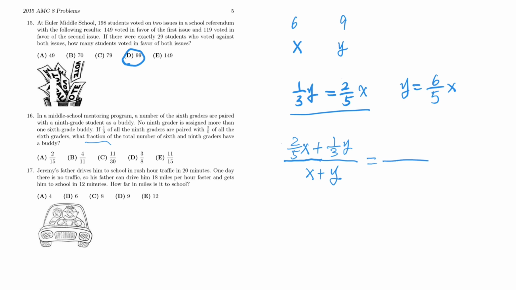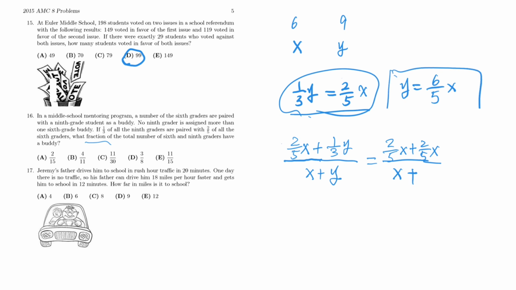And because 2/5 of X equals 1/3 of Y, we can rewrite it as 2/5 X plus 2/5 X. Because 1/3 of Y equals 2/5 of X. So the total X plus Y equals, from that equation, we get Y equal to 6/5 X.